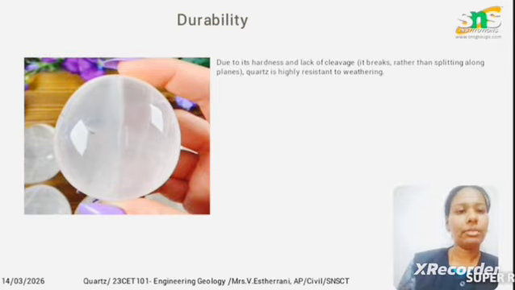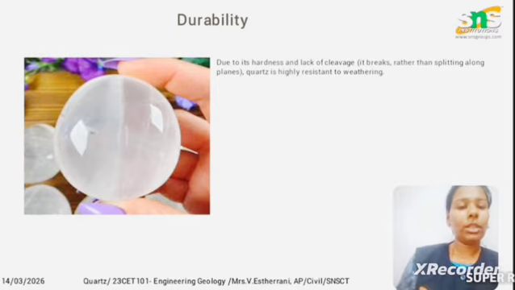Due to its high hardness and lack of cleavage, this quartz mineral is highly durable in nature, so that it has a high resistance to weathering. Weathering is nothing but the breakdown of a mineral. So it has a high hardness and lack of cleavage, so the weathering is low in this quartz material.